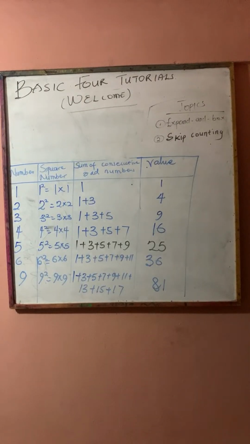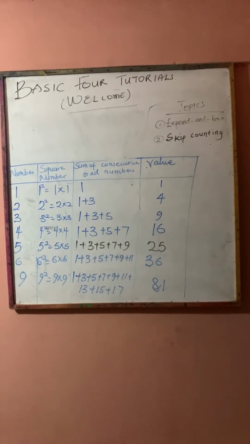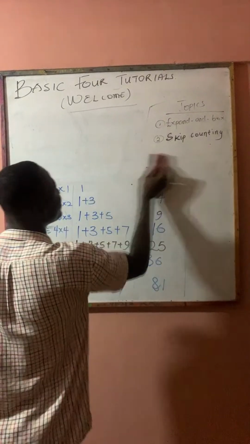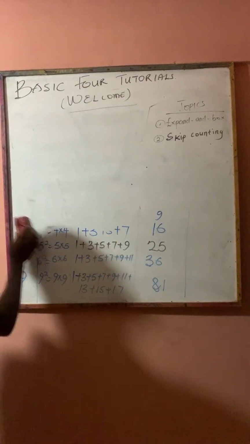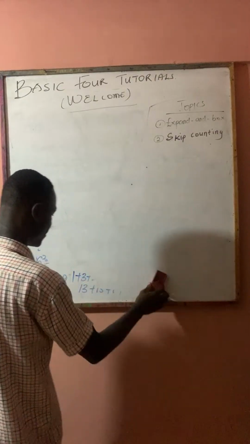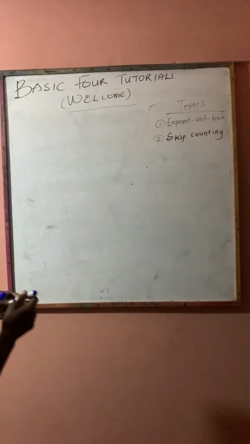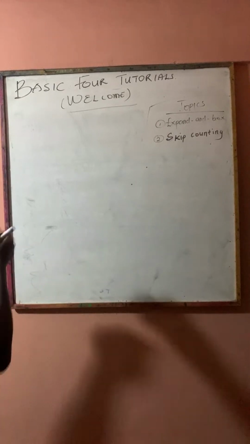You see that thing? Math is so easy. Let's move on to doubling and halving. I'm going to put the two of them together, okay?